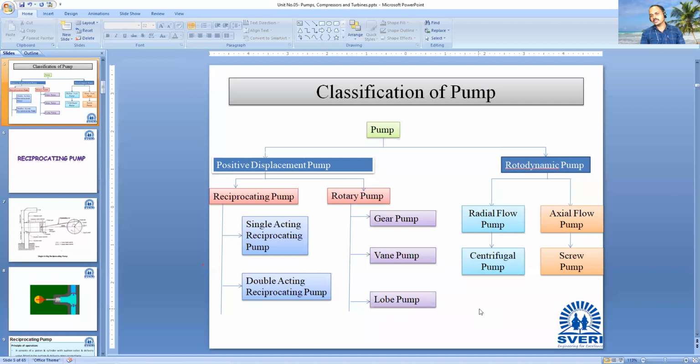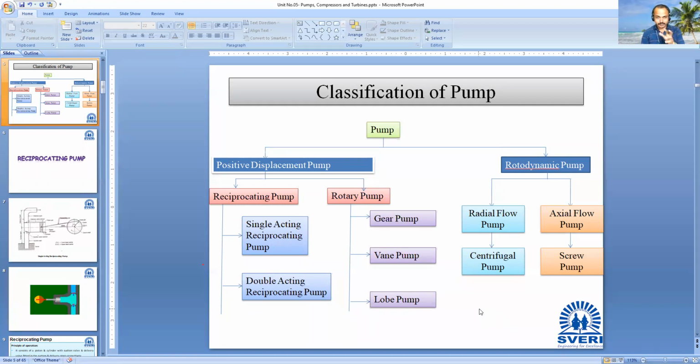And another one is the rotodynamic pump. Rotodynamic means when there is rotation, due to that rotation the water can be lifted. In positive displacement pumps, two types are there: reciprocating pump and rotary pump. In reciprocating pump, single acting reciprocating pump and double acting reciprocating pump.